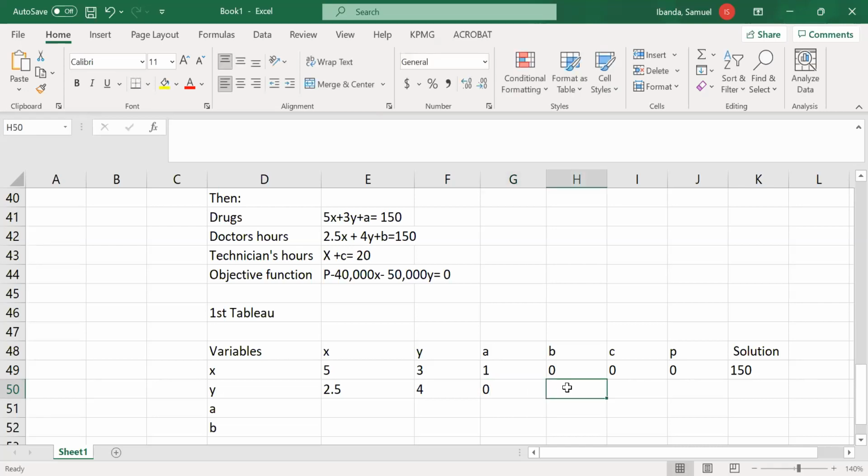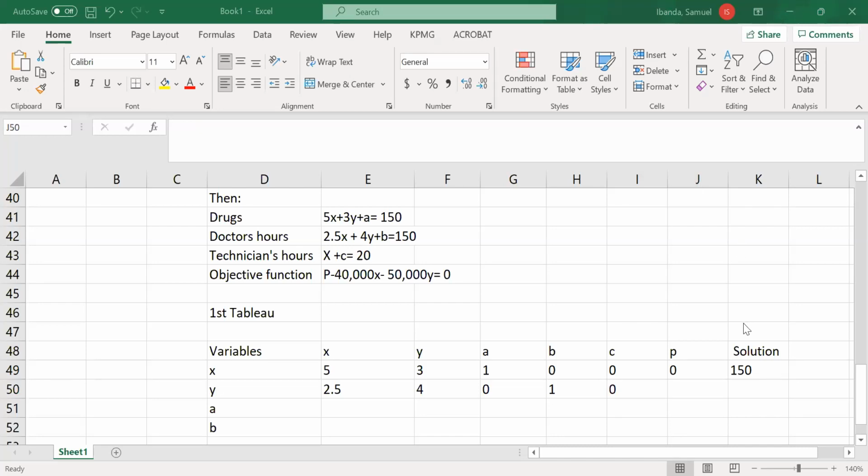Here B, we have basically 1. Okay, as we can see there. C, we don't have anything. P, we also don't have. To simplify your work, it's not mandatory that we should include P here.